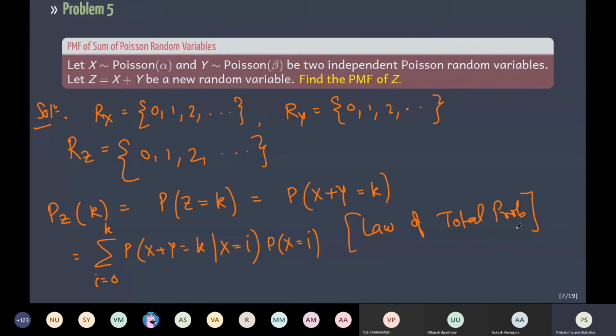We will continue further in the next. So let us do it here. What we have is the sum over I equals 0 to K of the probability that... The sum that I'm doing is over I, right?